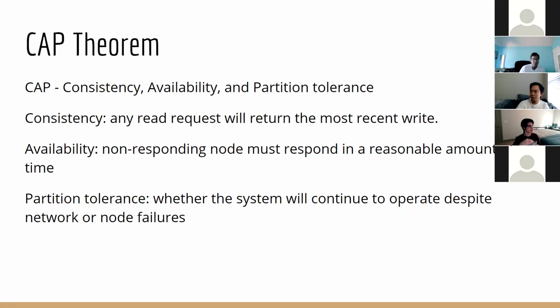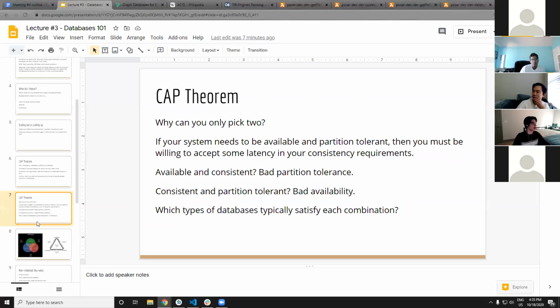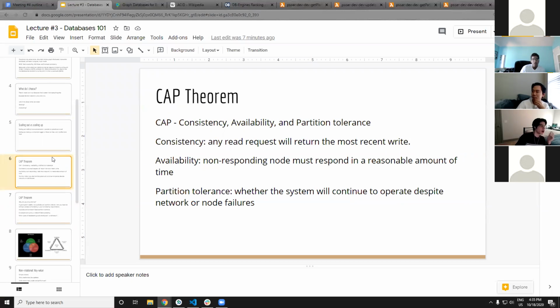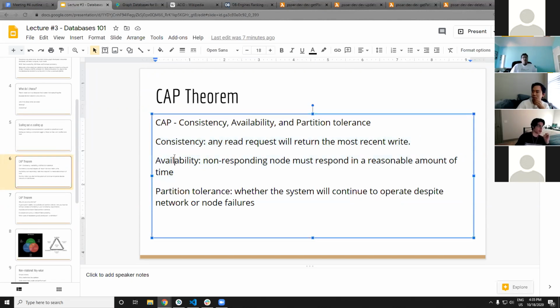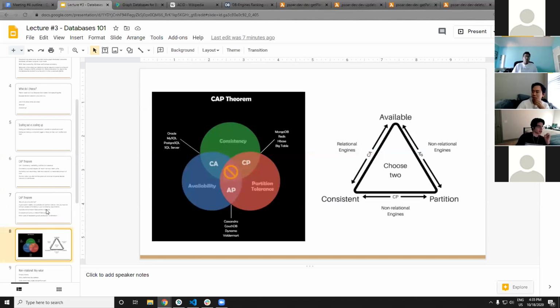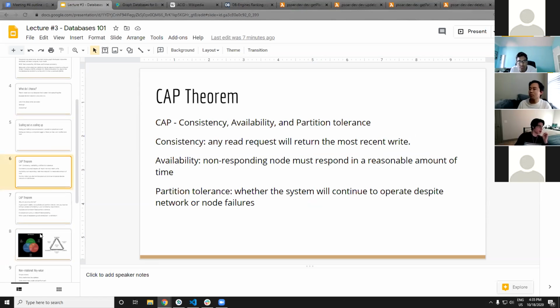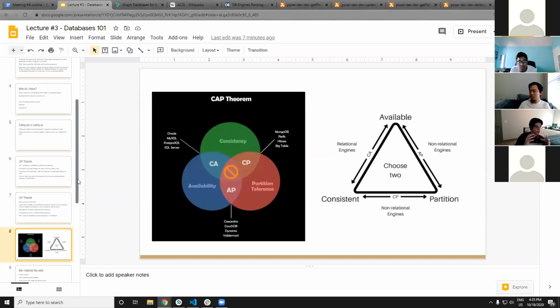Consistency and partition tolerance. Consistency is really important for relational databases. For relational engines, it's really important to have availability. Relational databases are built upon having readily available and consistent data.